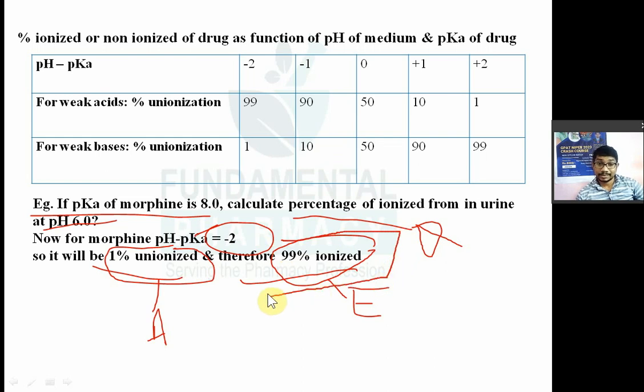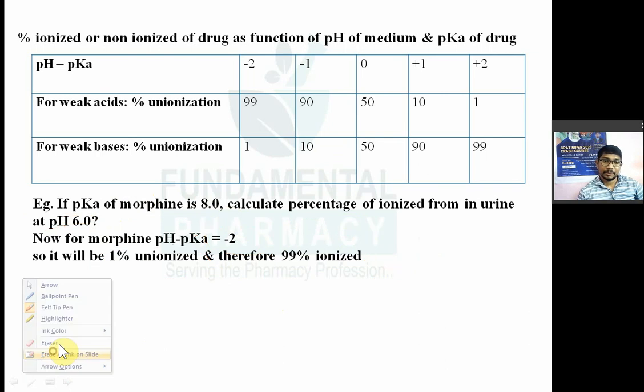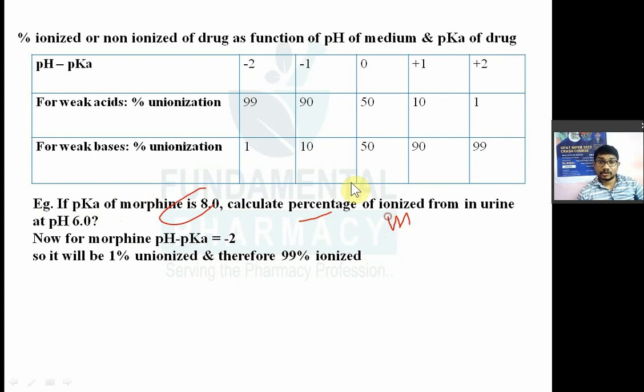So at that time your answer will be 1%. वही क्वेश्चन कुछ अलग तरीके से, if pK of morphine is 8, calculate the percent of drug absorbed at a pH, ये देंगे आपको, pH जितना भी है 6 या 7 देंगे, जो भी है। So you just have to calculate same thing, and 1% unionized means 1% drug will be absorbed.